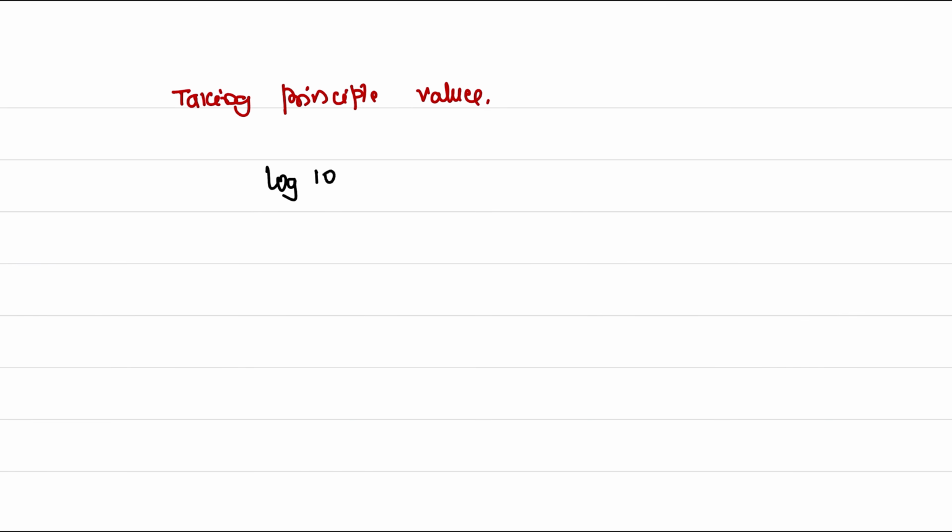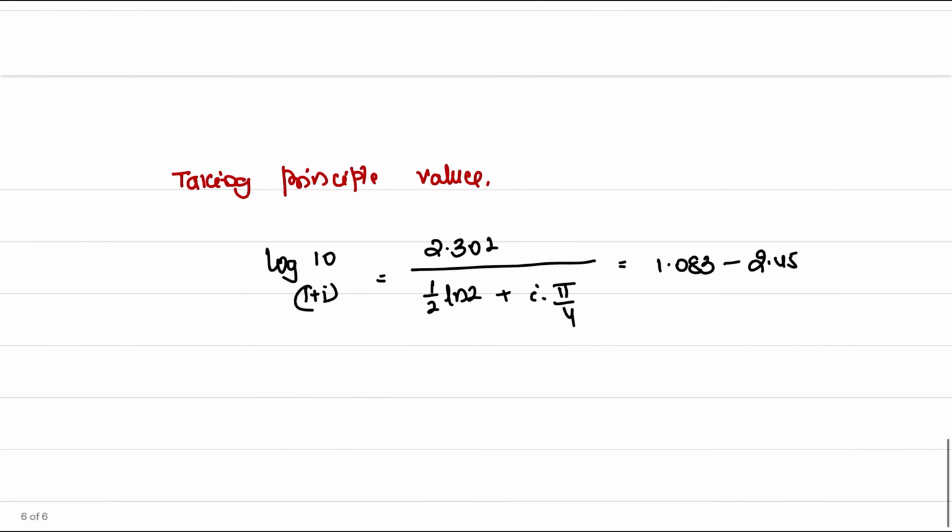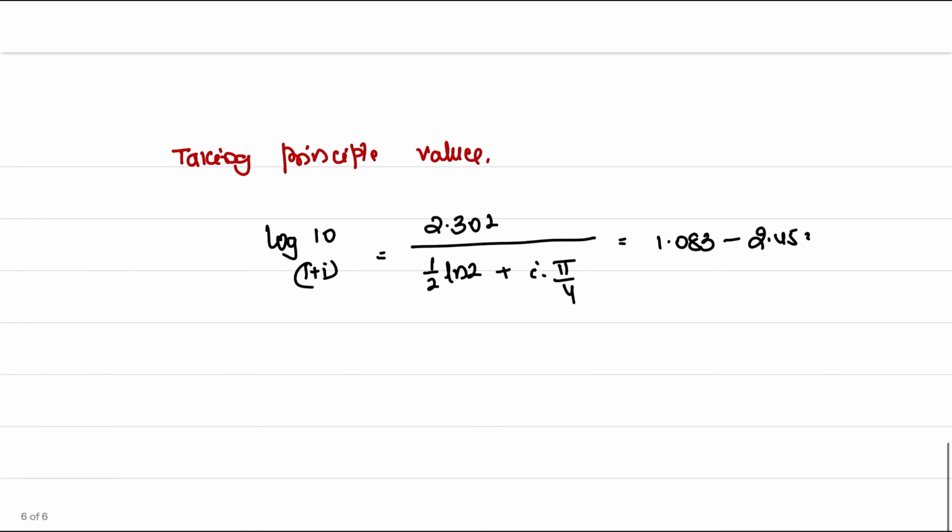log 10 to the base 1+i is equal to 2.302, that is ln 10 to the base e, divided by half ln 2 plus i into pi by 4. When you simplify, the value will be 1.083 minus 2.453 into i.